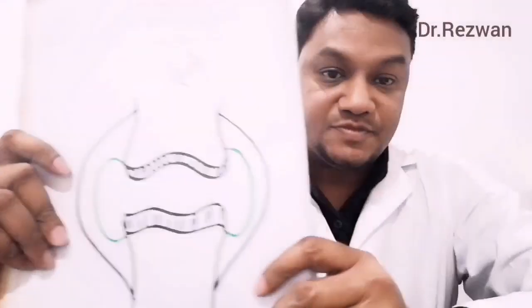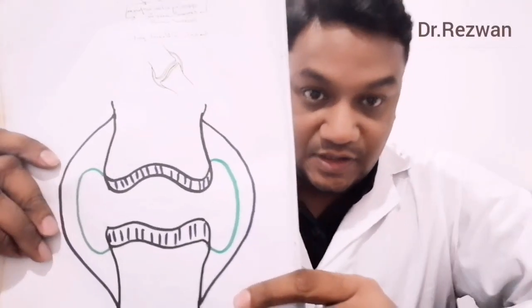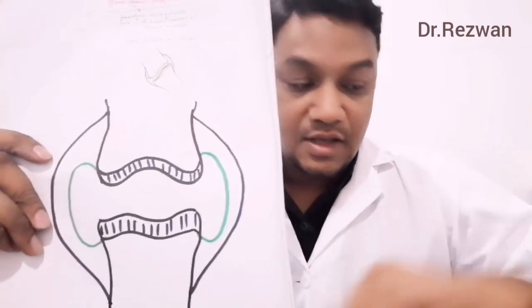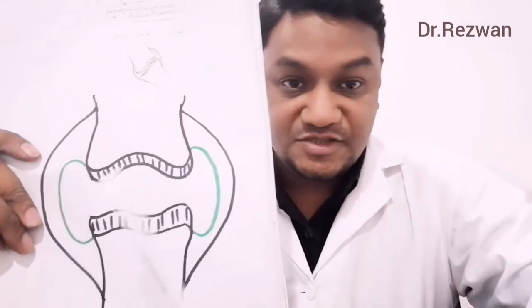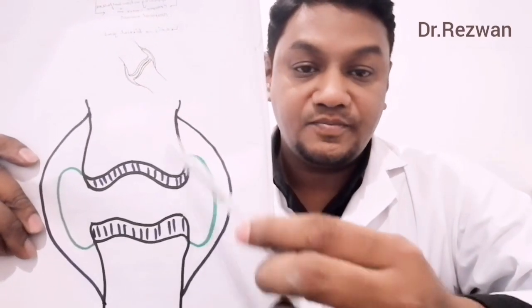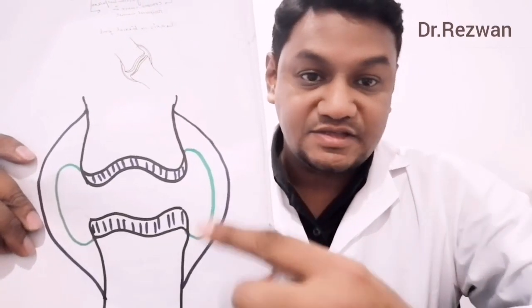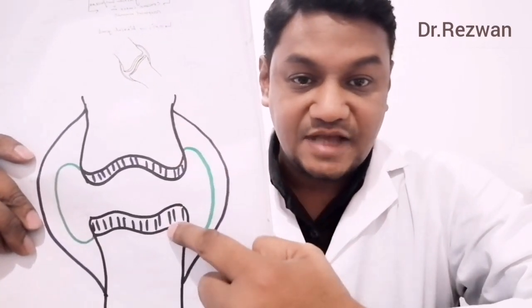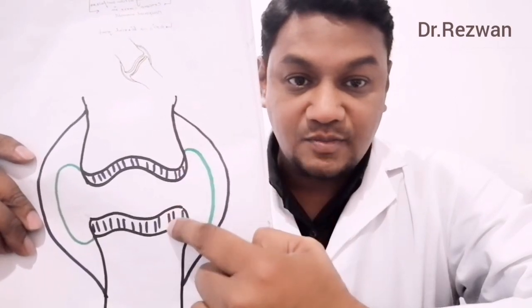If you can see this picture, you should understand that we can see there are two bones over here. At the same time we can see that there are some cartilages present at the articular end of the bone.